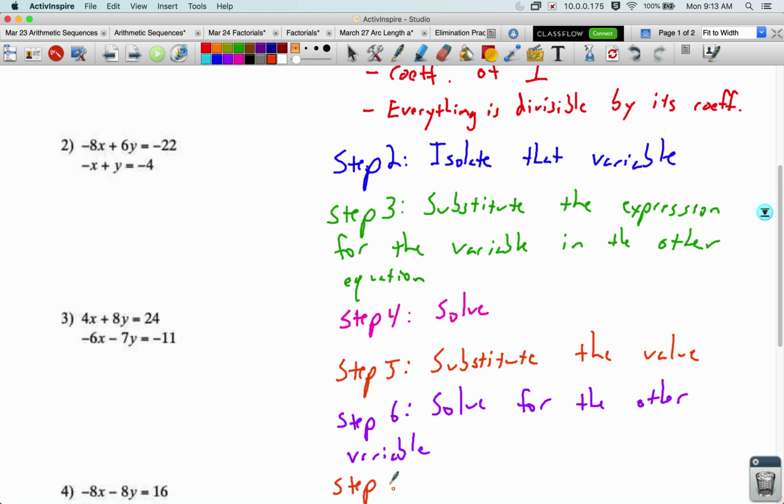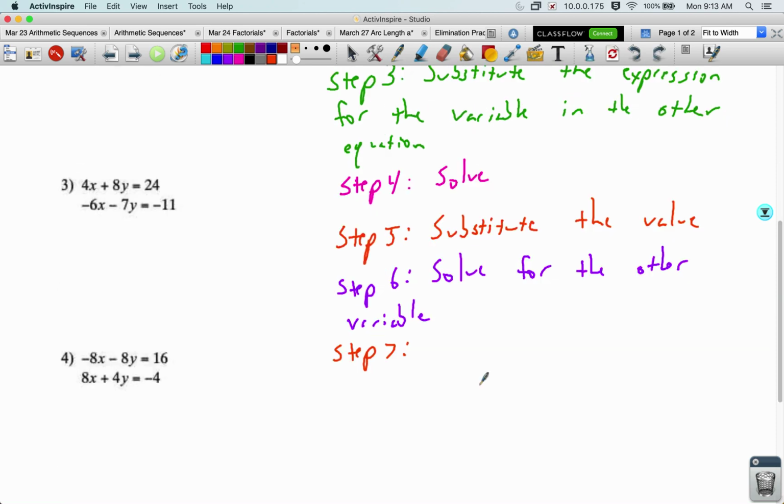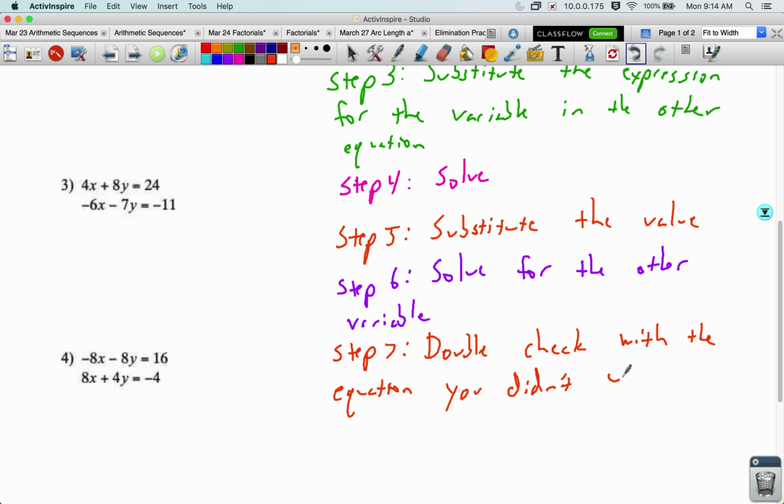And step 7, double check with the equation you didn't use, and step 8, write your answer as an ordered pair.